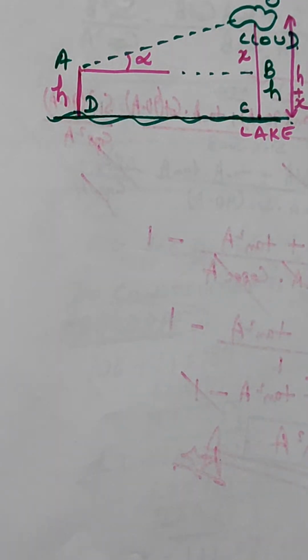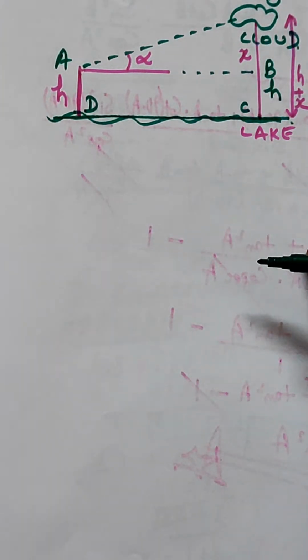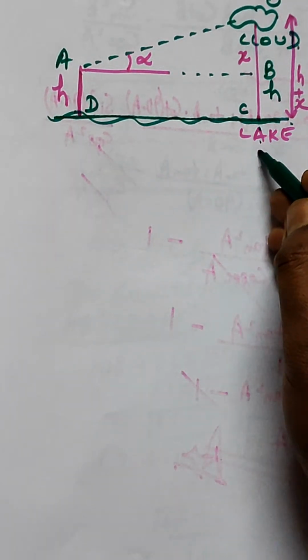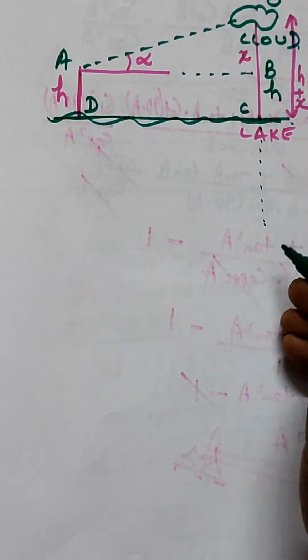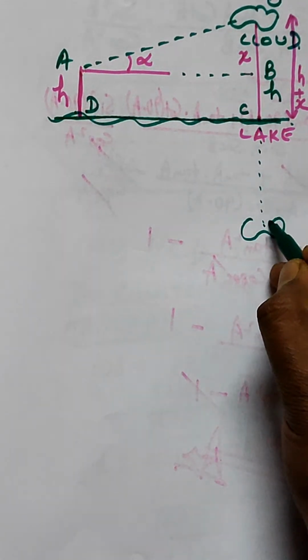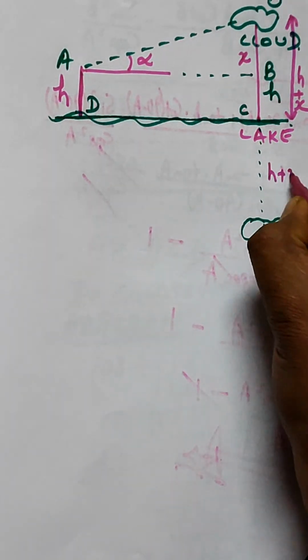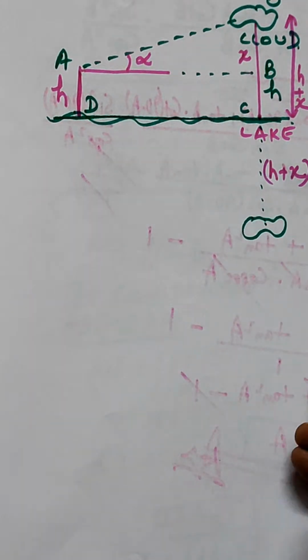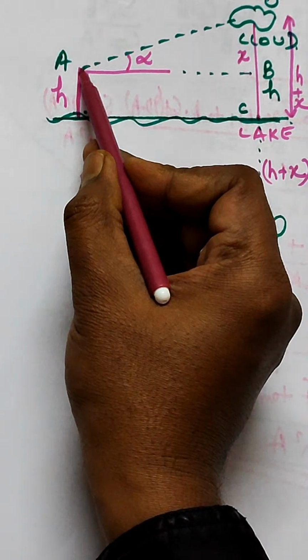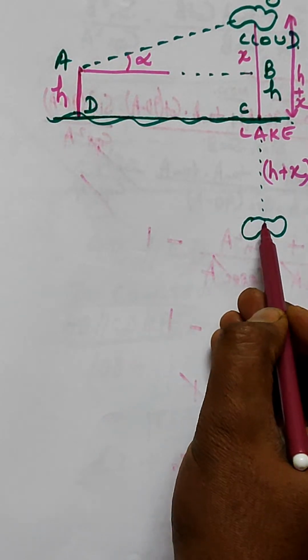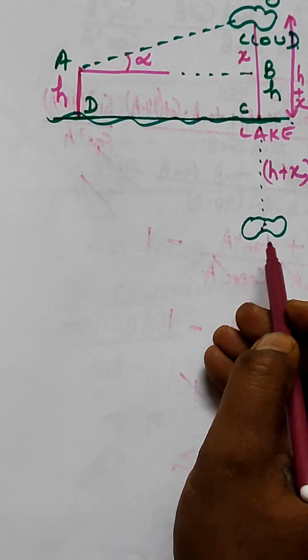So the image of this cloud in the water will also be at the same distance here. This will be h plus x. And the angle of depression from the same position to this image of the cloud is given as beta.